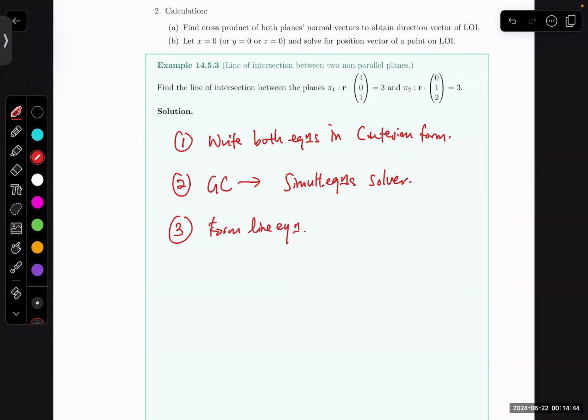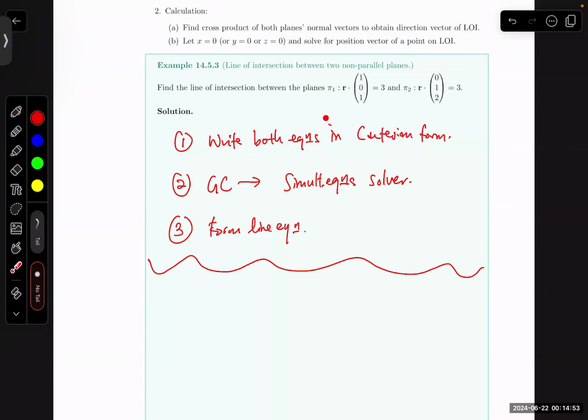I will show an example for the other method, which is to calculate. Let's say I want to find the line of intersection between these two planes. So this is method 1, the GC method. Method 2 is the manual method.